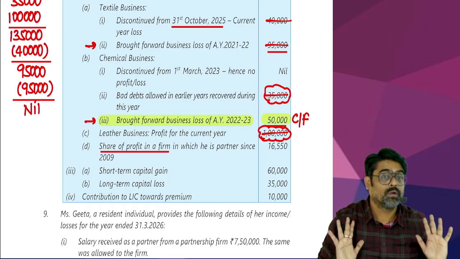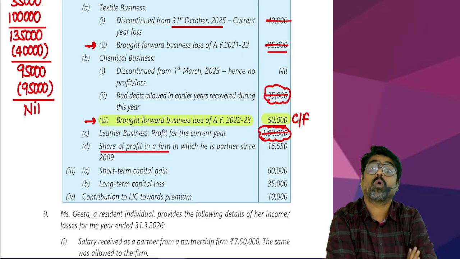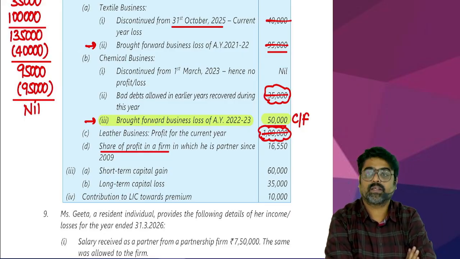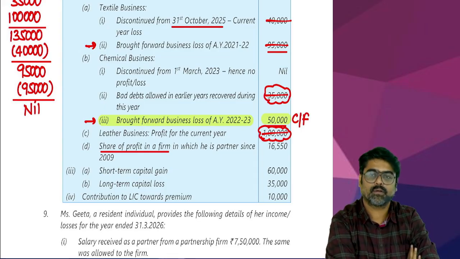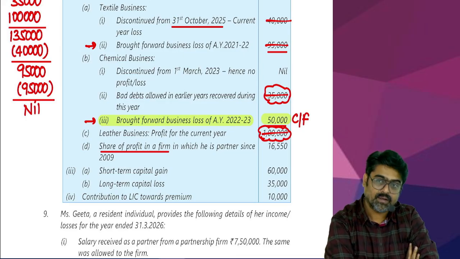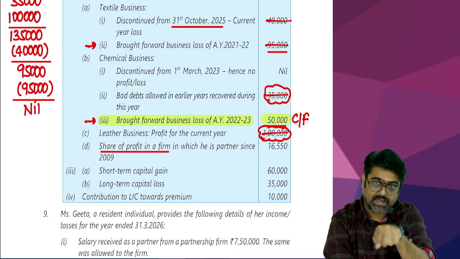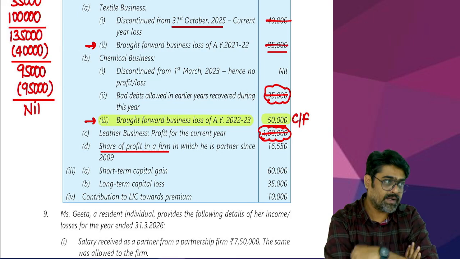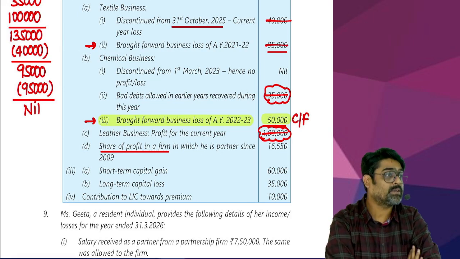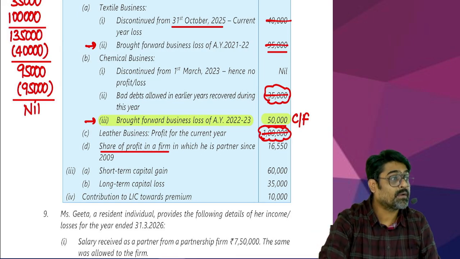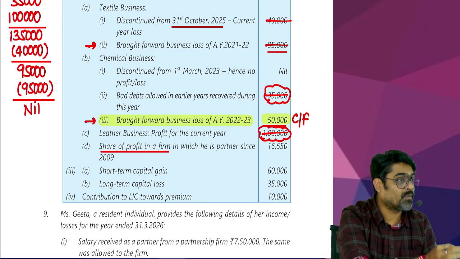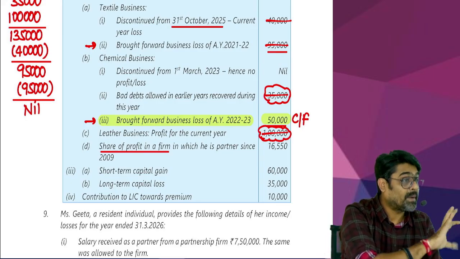Yes or no? Now partnership firm is earning profits. Partnership firm is earning and you are a partner. So will you get the share of that profit? Are you getting salary? Are you getting remuneration? Are you getting interest? Or you are getting share of profit? And by the way, share of profit is coming from partnership firm.